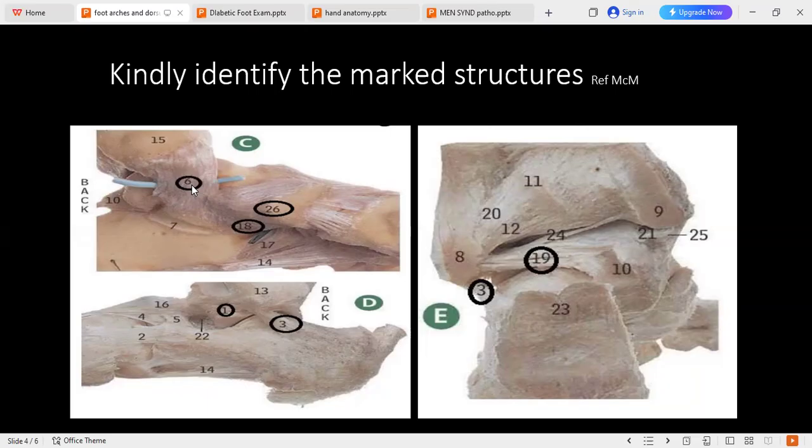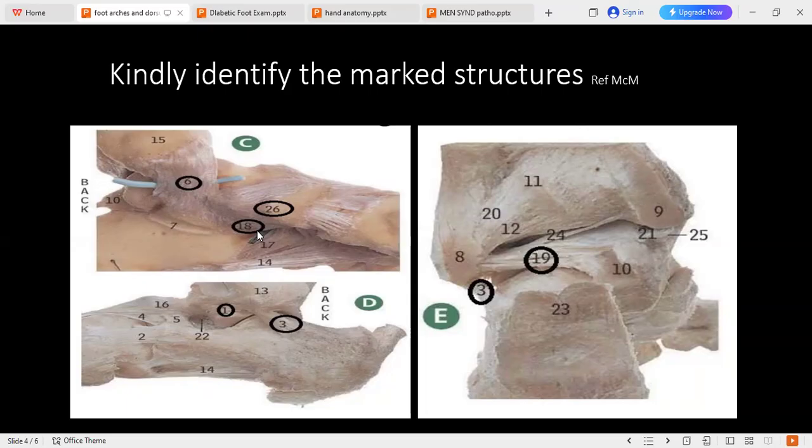All right, you have told me this. If you could identify 18 and 26 as well. 18 is the spring ligament, and 26 is the navicular tuberosity. Actually, 18 is not labeled as spring ligament.